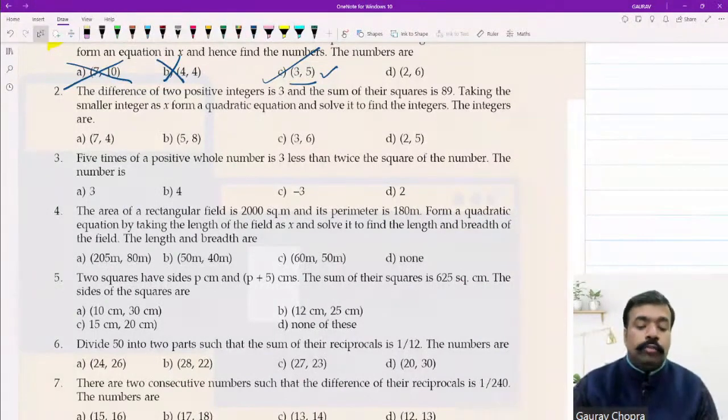The difference of two positive integers is 3. This time there is a difference. And the sum of their squares is 89. Taking the smallest integer as x, form the equation and find the integers.